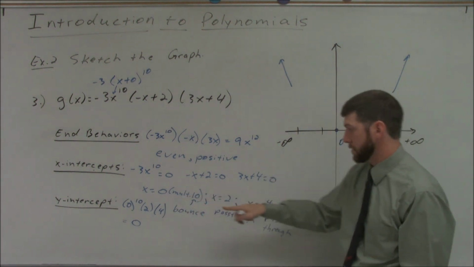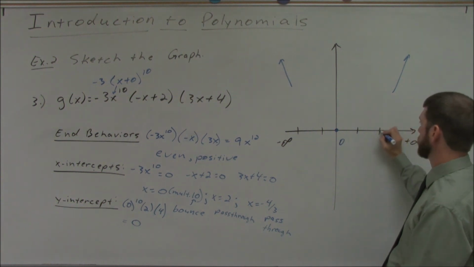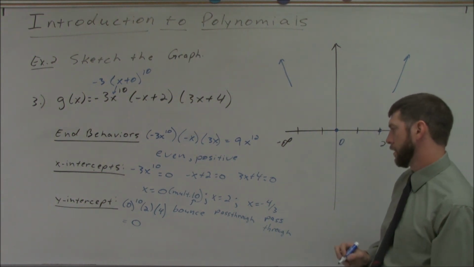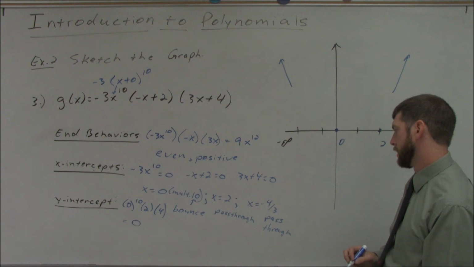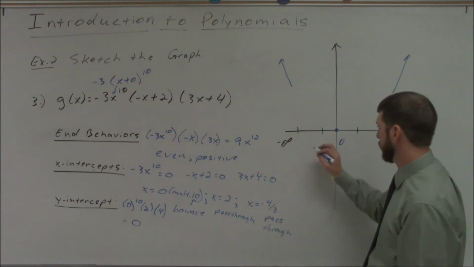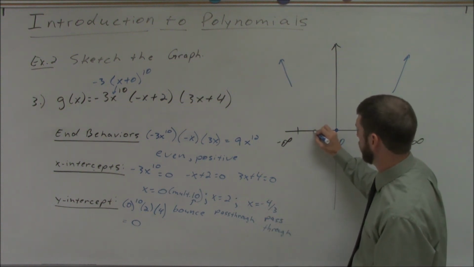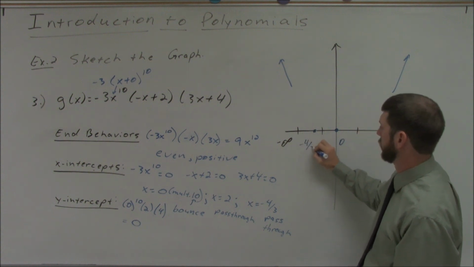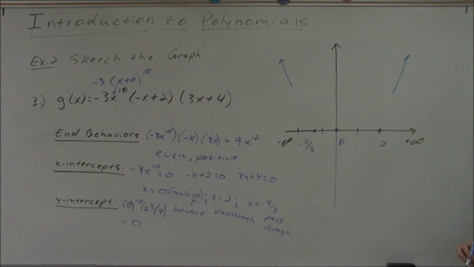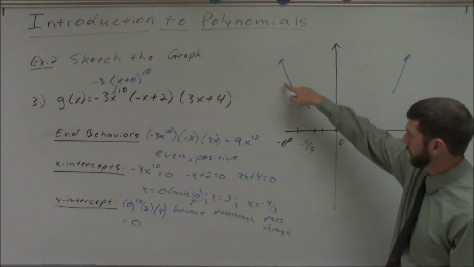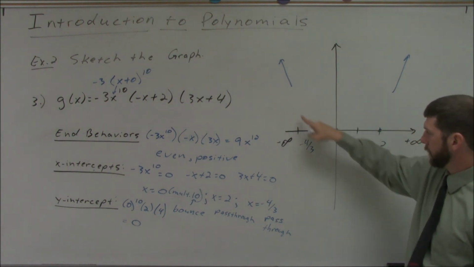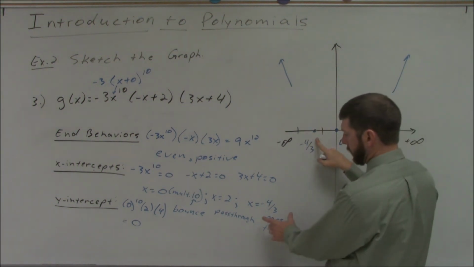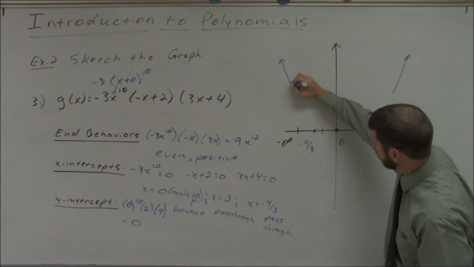Our x-intercept is 0. Our x-intercept is 2. And negative 4/3. So somewhere around about there. So that's what our graph for our intercepts, our key points look like. And now we just connect it, going from left to right. I'm coming into negative 4/3. I'm going to pass through negative 4/3.